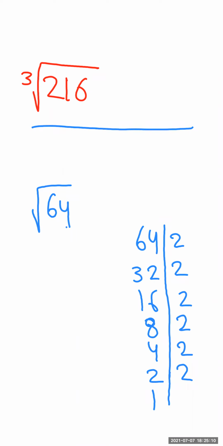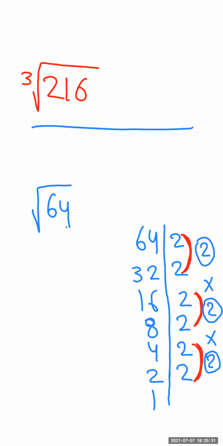We said that the number is multiplied by itself 2 times. So here, 2 times 2, 2 times 2, 2 times 2. So for the square root of this number, we are going to take the number 2 only one time from each 2 times. So this means it's 2 times 2 times 2, which equals 8. So the square root of 64 equals 8.